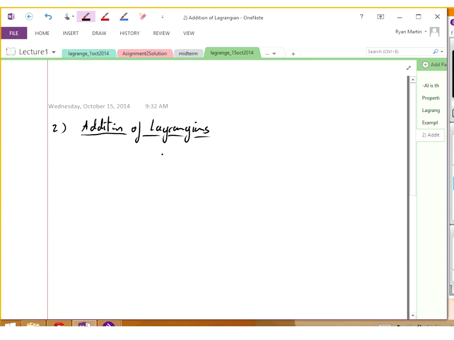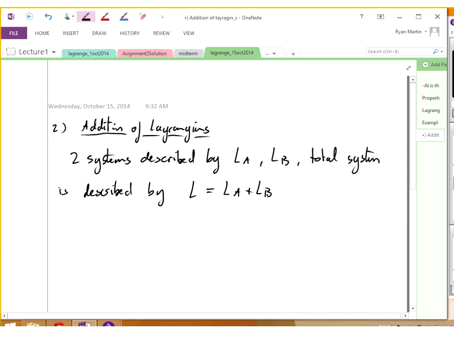So if you have two systems, described by a Lagrangian LA for the first system and a Lagrangian LB for the second system, then the total system is described by L equals LA plus LB.